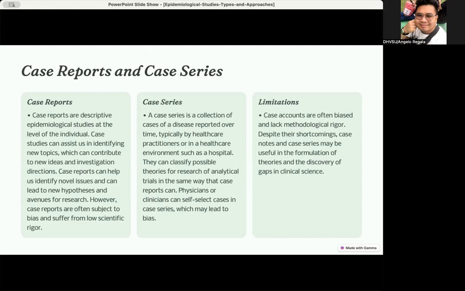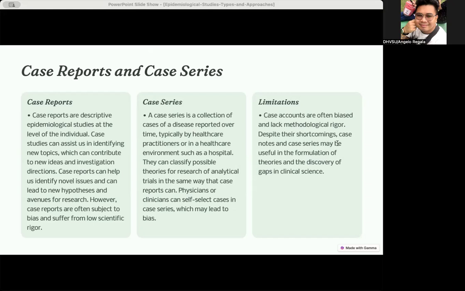These case reports can assist us in identifying new topics, which can contribute new ideas for investigations. It can also help find novel or unique issues that can lead to new hypotheses and avenues for research.